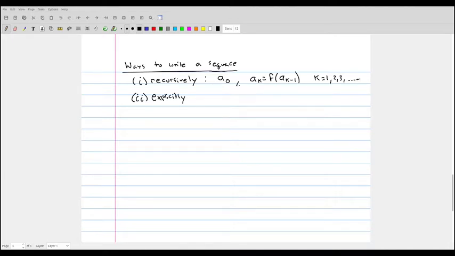This is why we call this type of sequence recursive, because each term in the sequence is determined directly by the preceding term in the sequence. And you can consider more complicated types of recursive sequences that depend on more than just one previous value. But for our purposes, we're just going to deal with sequences that are recursive and depend on one previous value.